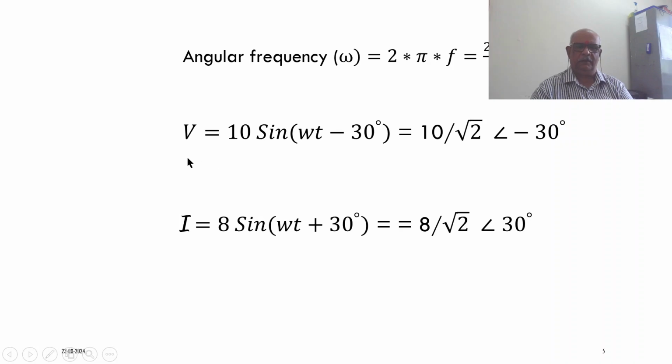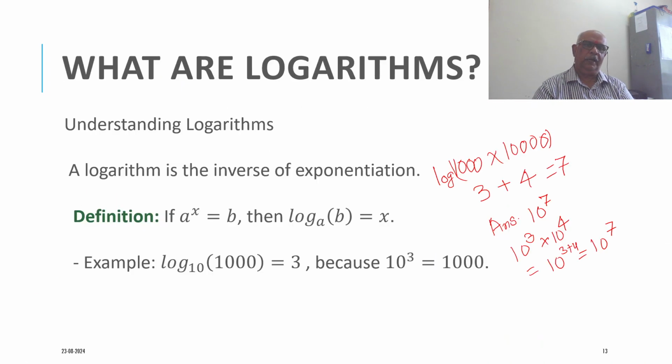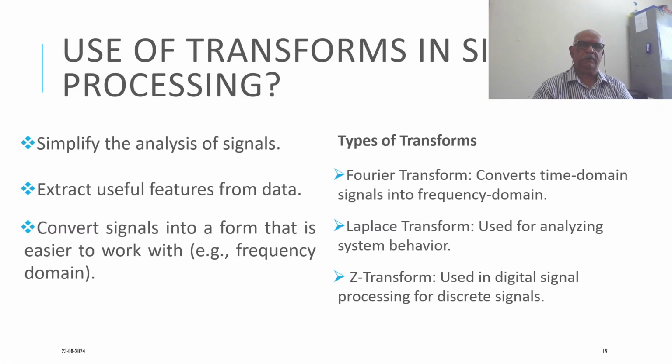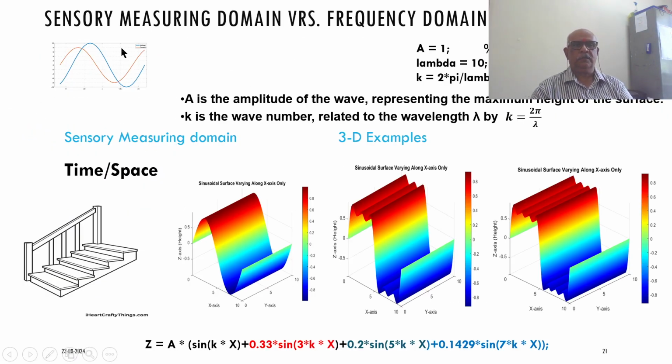There are a lot of techniques by which you can write this down. Even if I don't know, I can take different curves and try to fit the values and see what kind of equation I get. So the signal is represented as varying with time. That's good enough. That's your sensor measurement.